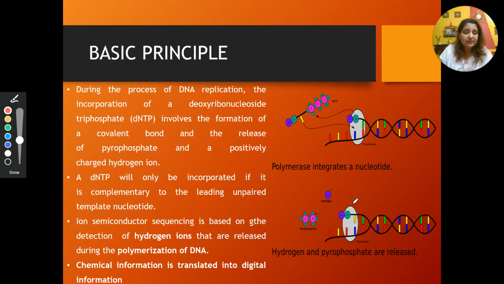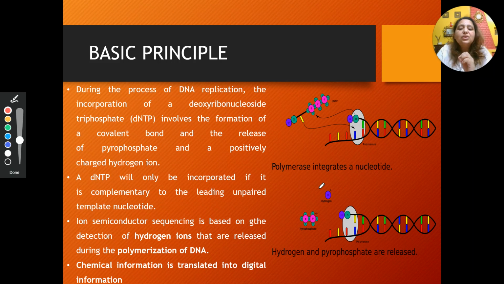In that process, the pyrophosphates are released outside, and one phosphate is utilized to make the phosphate backbone of the DNA. So when these 2 pyrophosphates are released, along with them a hydrogen ion is also released. This is the important part: the release of the hydrogen ion, this proton, is a very significant feature of DNA replication.